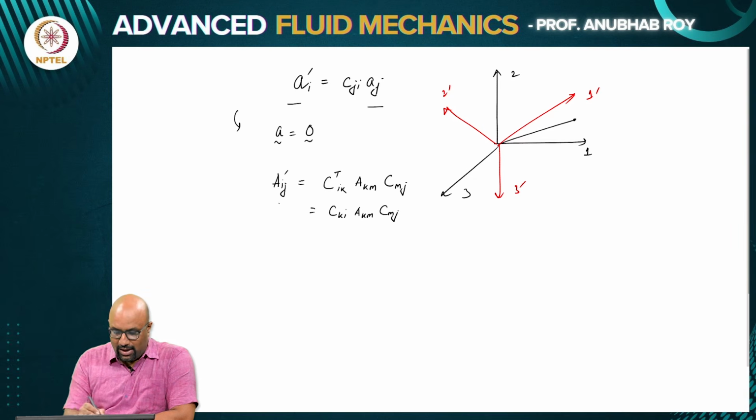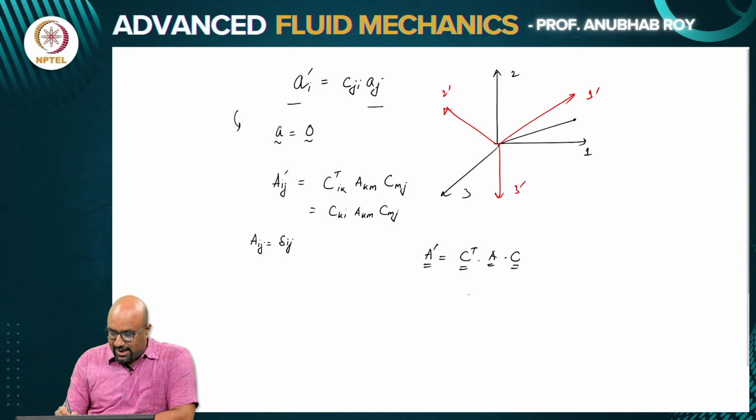And you can now check this in various ways. I will check this using a substitution, or rather a validation here. What about if I consider the Kronecker delta, the identity matrix? So, if I plug it into my equation, this is my transformation rule for a rank 2 or order 2 tensor.